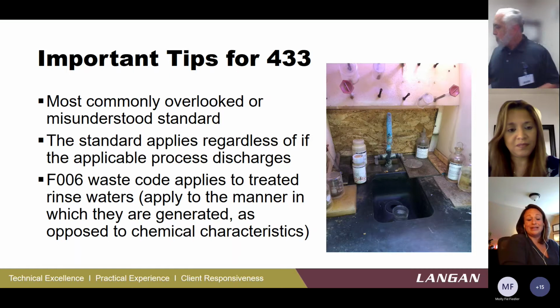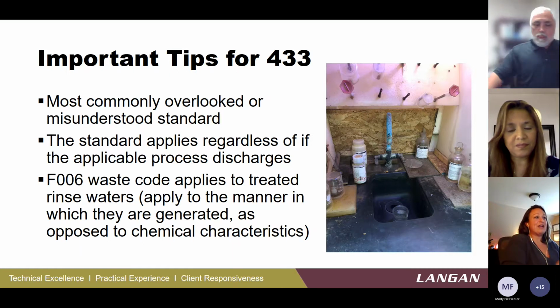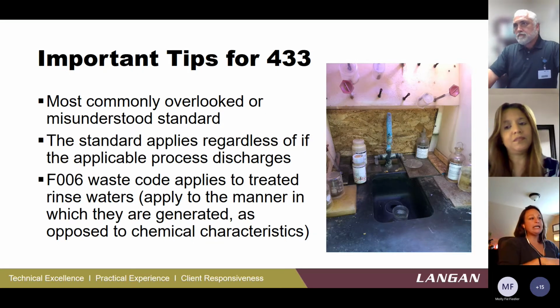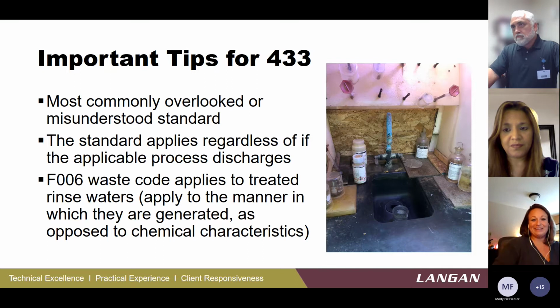It becomes an etch process. That wouldn't have been too big a deal, except they also had tumbling and cleaning and all things that wouldn't have applied had this primary process not applied. So this etch process became the catalyst for a much stricter permit than would have otherwise been needed.